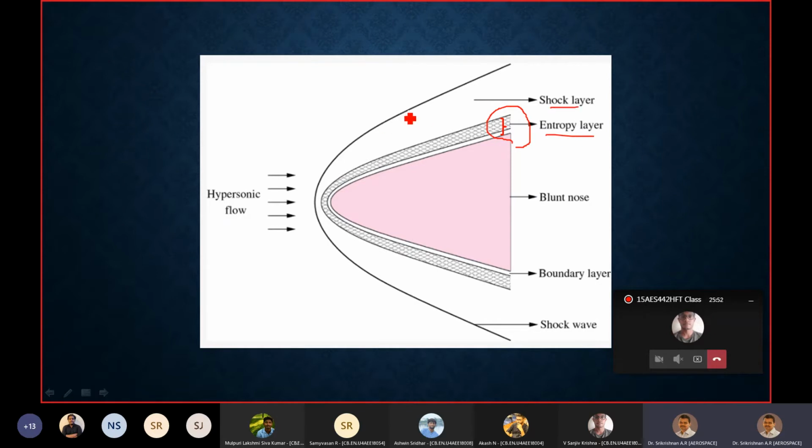Shock layer is between the shock wave and the body. Entropy layer is the region of gradient, wherever you are considering it, the gradient along a direction that is almost transverse to the direction of the flow. The difference in entropy, or the gradient of entropy, is what we refer to as the entropy layer.